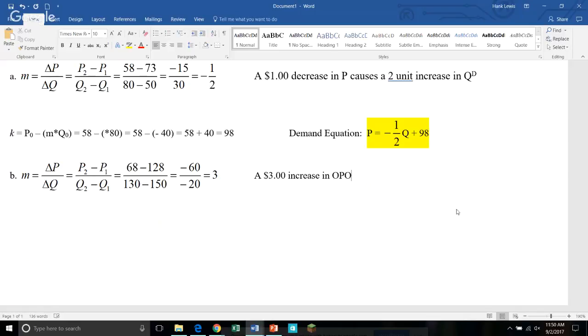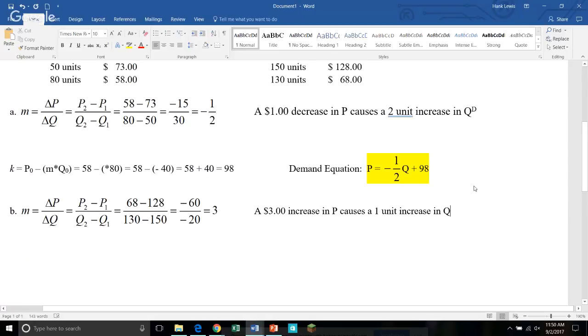The $3.00 increase in the price is causing a 1 unit. Remember, all whole integers have an invisible denominator of 1. Wait a minute. If 3 is positive, the 1 is positive. That means if price is increasing $3, that means quantity supplied is also increasing. So a $3.00 increase in the price causes a 1 unit increase in the quantity.